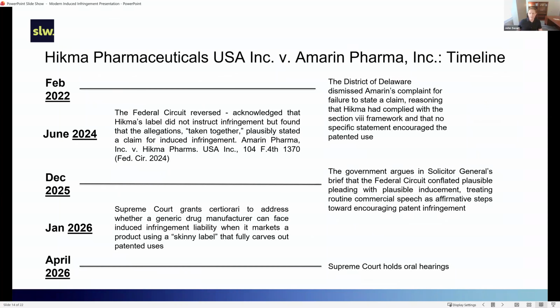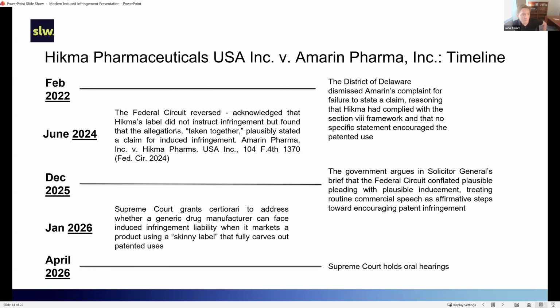So here's how the case has gone so far. In February 2022, the District of Delaware dismissed Amarin's complaint for failure to state a claim, based on the fact that Hikma had complied with the Hatch-Waxman framework and that no specific statement encouraged the patented use.